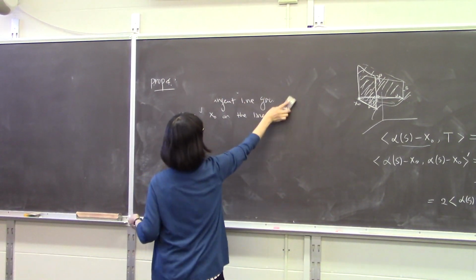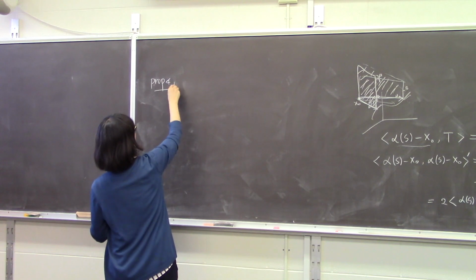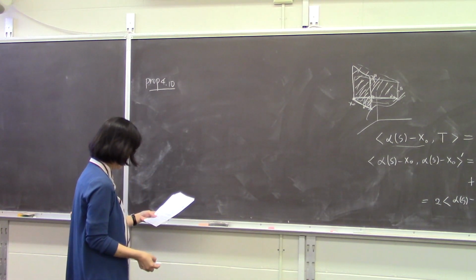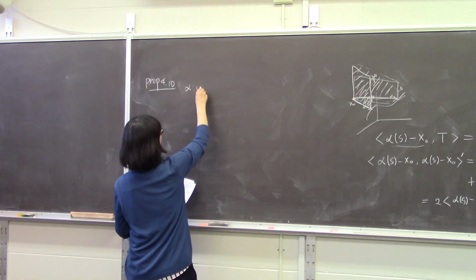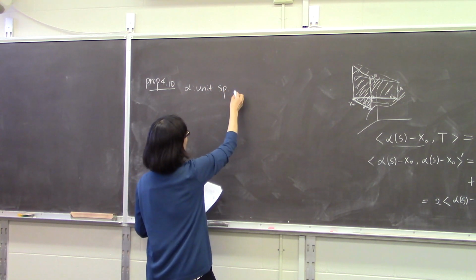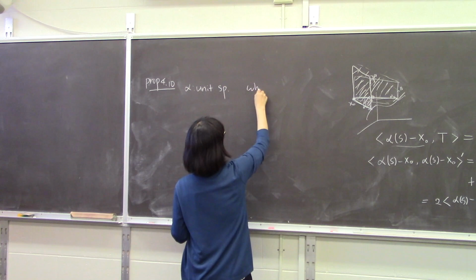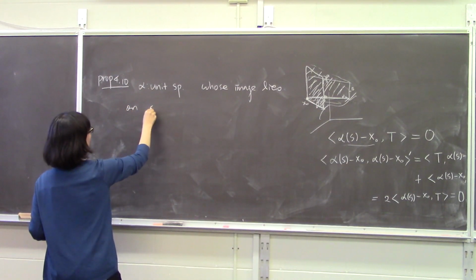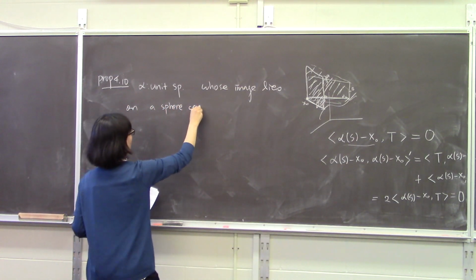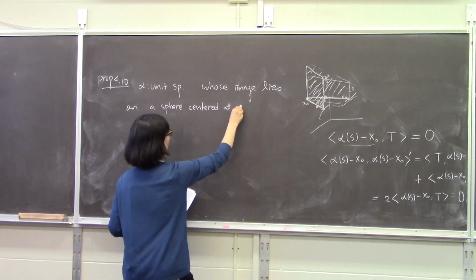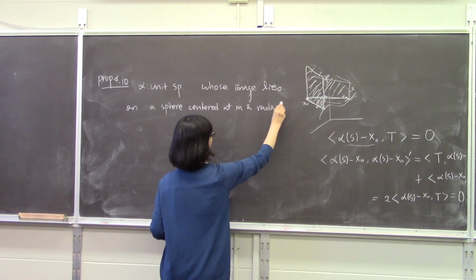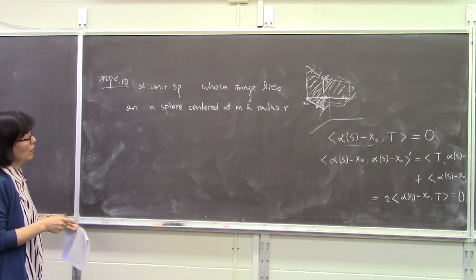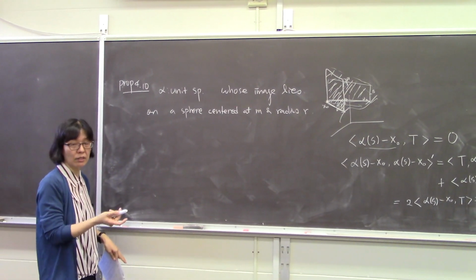So alpha is a unit speed curve lying on a sphere. We call that a spherical curve.